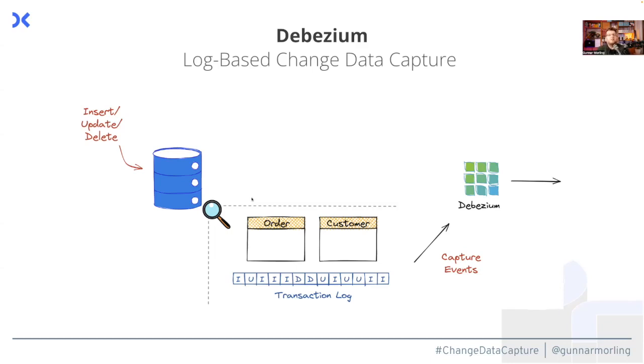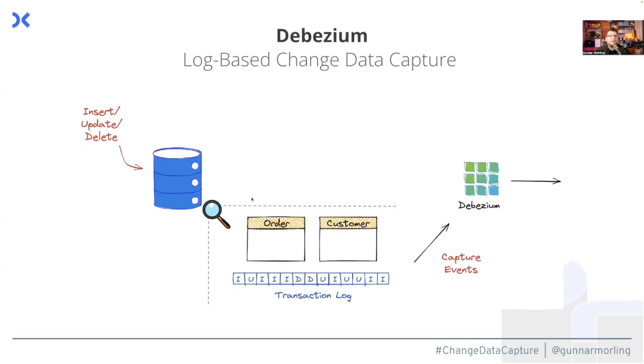But really, this log-based approach is the most advantageous one, because it gives you a very low latency. It doesn't impact your data model. It also will never miss any changes. If you do a polling-based approach, you might, for instance, miss two changes which happen between two of your polling loop runs. This could never happen with a log-based approach. So that's essentially what it is.